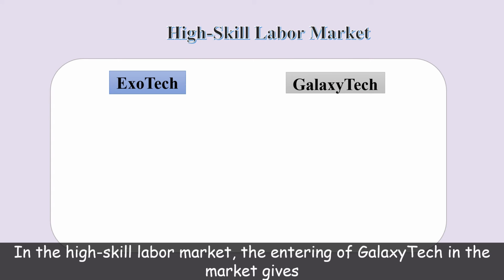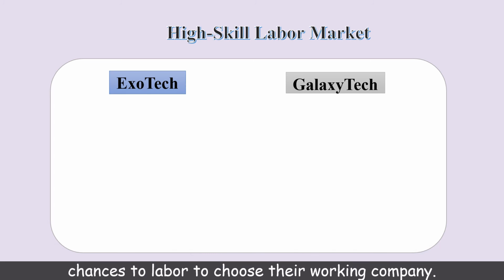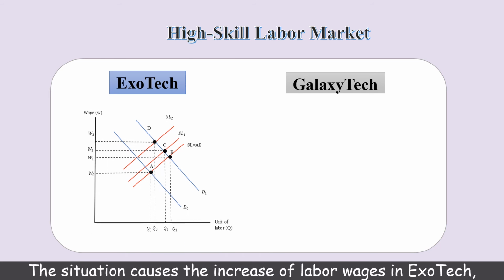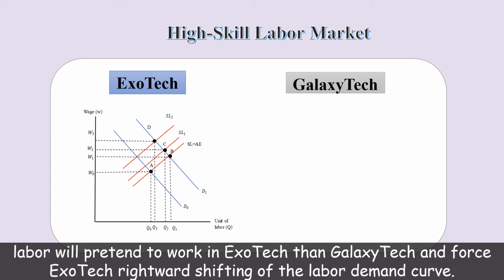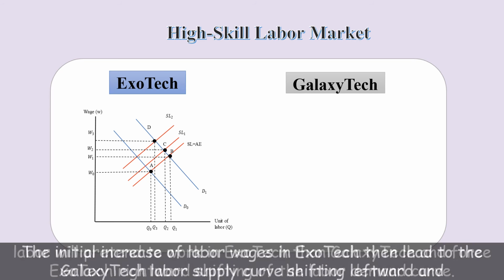In the high-skill labor market, the entering of GalaxyTech in the market gives labor the chance to choose their working company. The situation causes the increase of labor wages in Exotech. Labor will prefer to work in Exotech rather than GalaxyTech, and force a rightward shift of the labor demand curve.